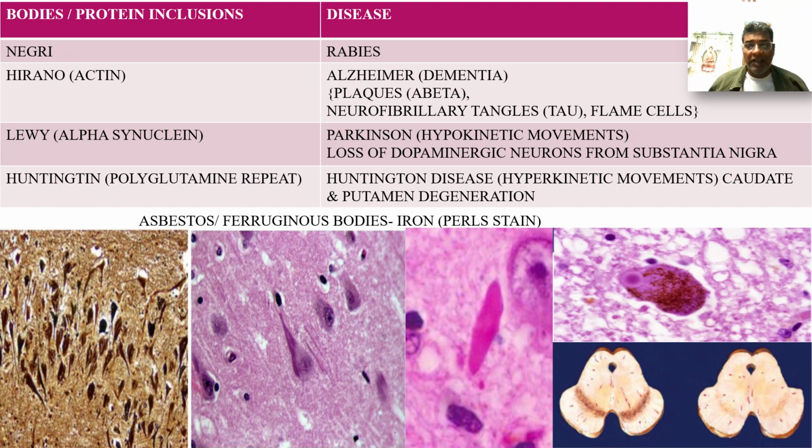CAG repeats are seen at the exon, and these involve the caudate and putamen. So there will be degeneration of the caudate and putamen, and there is characteristic Huntingtin protein because of the polyglutamine repeat expansions in Huntington's disease.